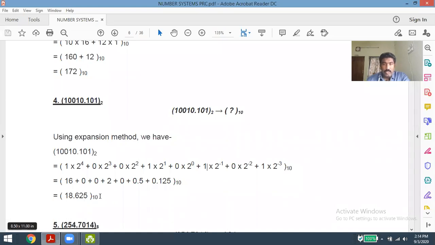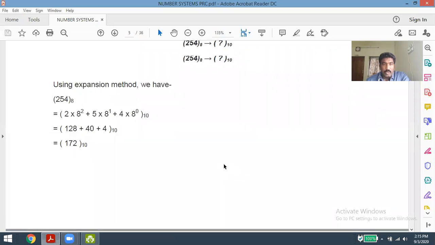So this is the way we can convert a given fraction, any given number, into base 10. If possible, try to make some notes or do some calculations. Don't simply listen to the class. If there is a possibility, take at least rough notes and try to practice. Take these problems and practice them on your own.